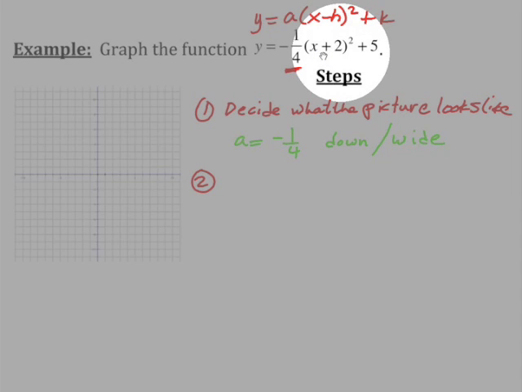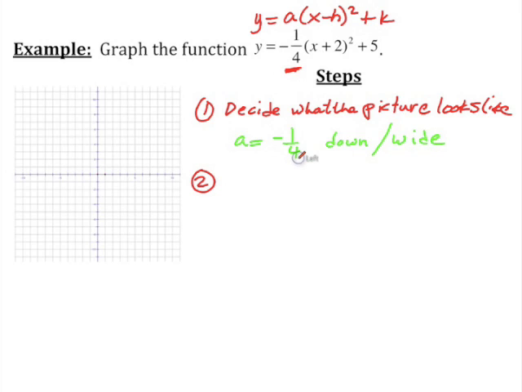So what we're going to do is find the axis of symmetry, which is exactly what I was just talking about. It's the value that we can plug in there in the x minus h part that will make it equal to 0.